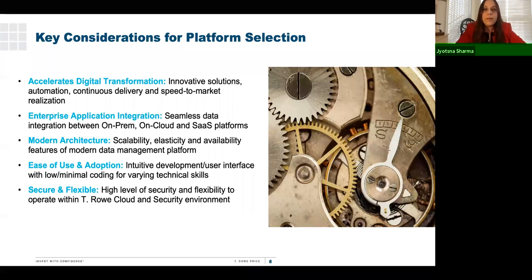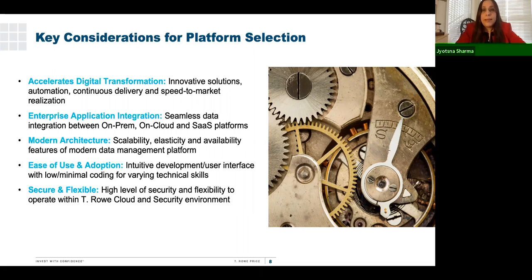Like I said earlier, we are currently in the middle of our cloud transition journey, and with a hybrid architecture, partly on-prem, partly on cloud, legacy systems, it was critical for us to have seamless and rather painless integration between all these systems. And then the need to have a modern integration platform, right? Software as a service that is highly scalable, flexible, available, and more importantly, it complements our cloud-based architecture.